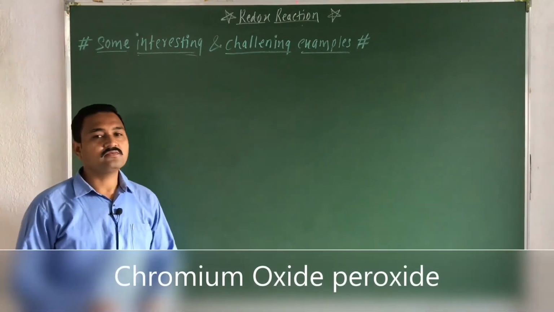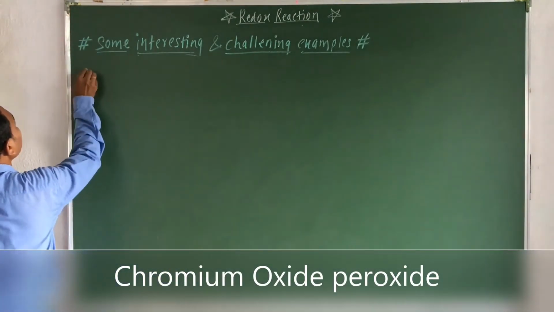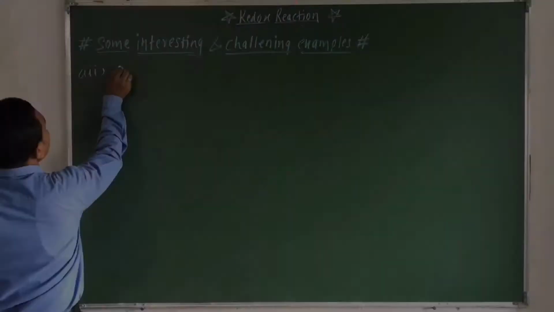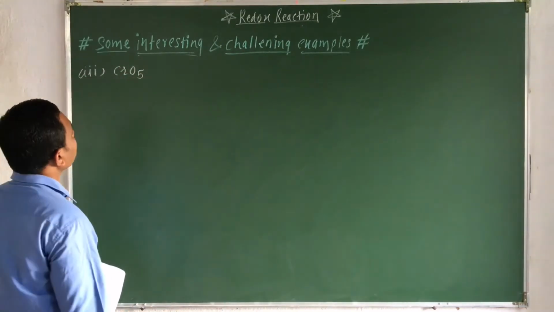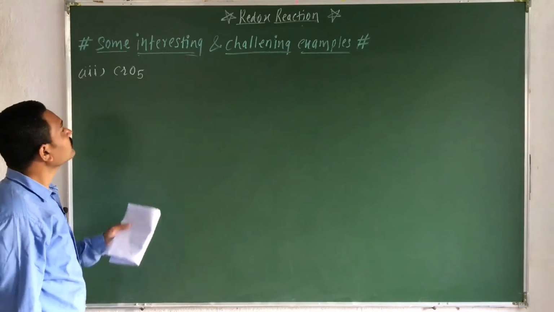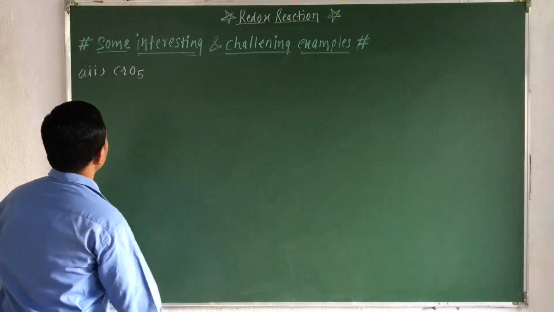So now let's start with example number 3, that is CrO5. That is your chromium peroxide compound.